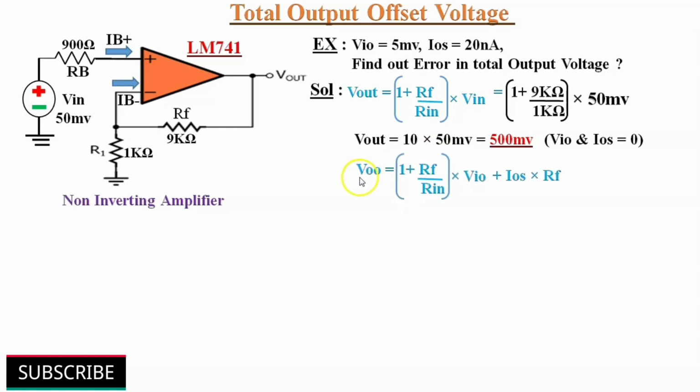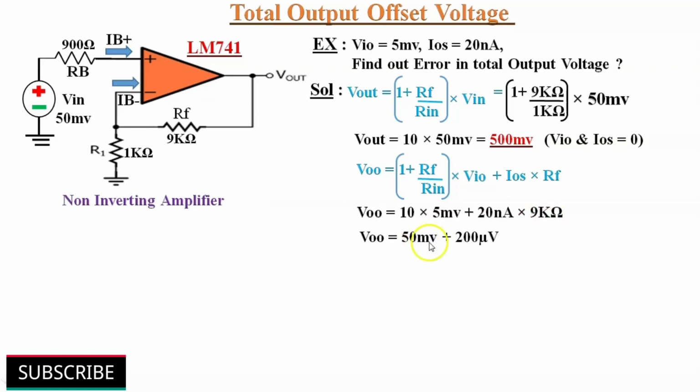Now we will calculate the error in output. Error, or output offset voltage VOO, is equal to gain into input offset voltage plus input offset current IOS into feedback resistor RF. Let's insert the given values in the formula. Here gain is 10 and input offset voltage is 5 millivolt. Input offset current is 20 nanoamperes into feedback resistor 9 kilo ohm.